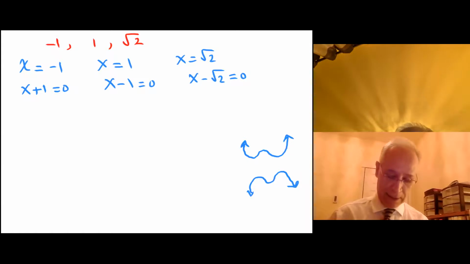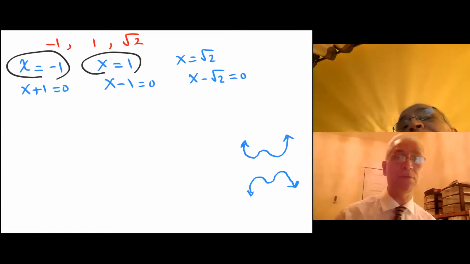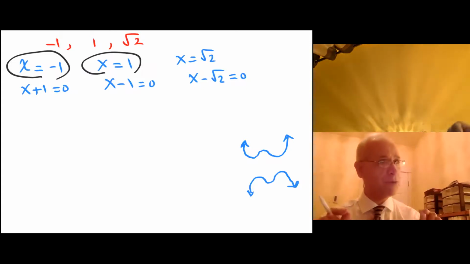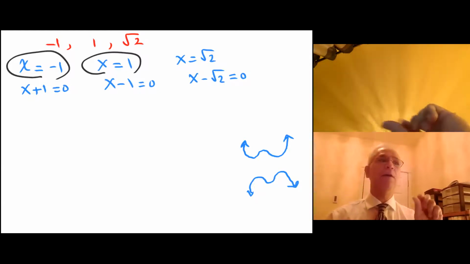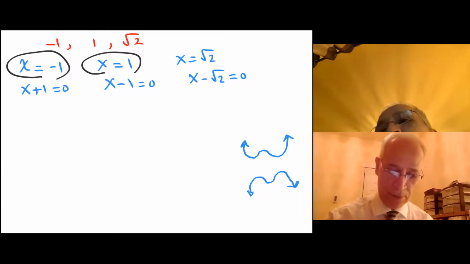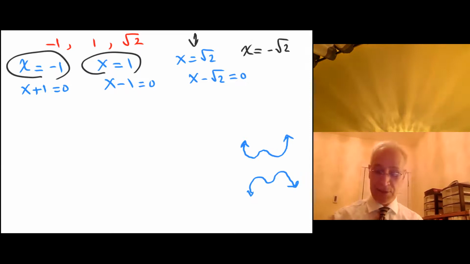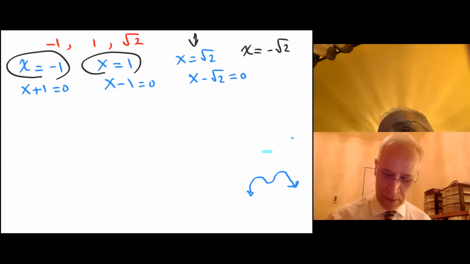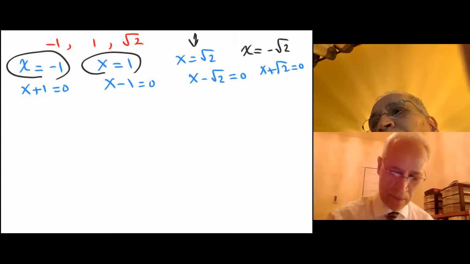And notice that since I have x equals -1 and x equals +1, so I have two roots, then I'm going to say that if x equals square root of 2 in here, then I can say x equals -√2 as well, to give it that symmetry. So this one results as x plus square root of 2 equals 0.